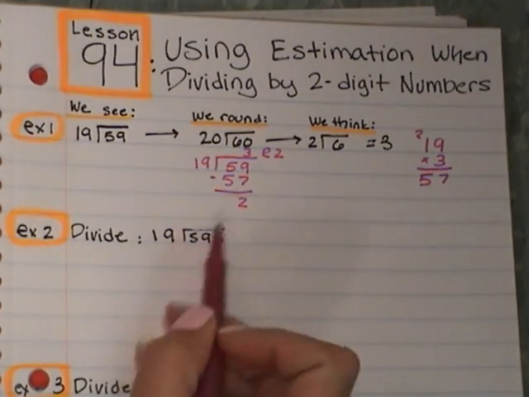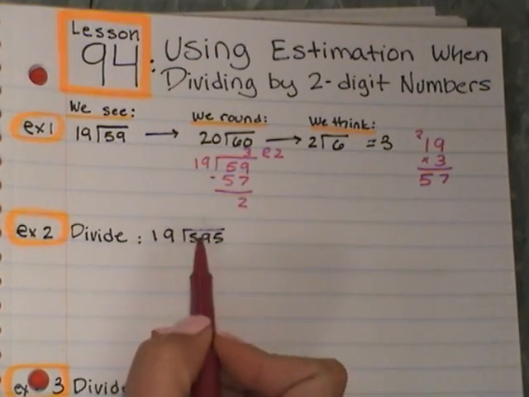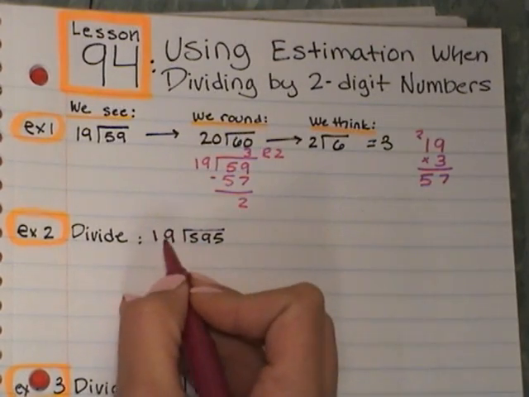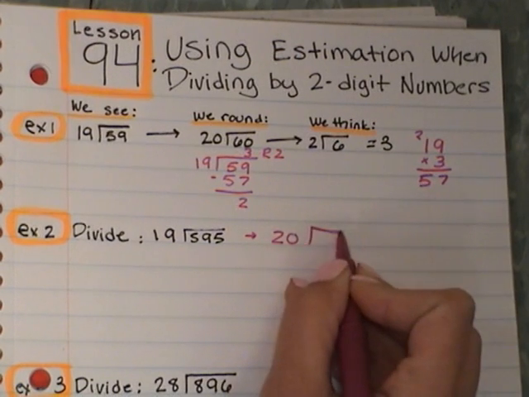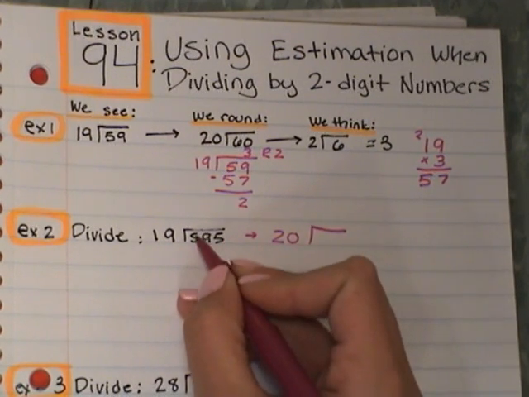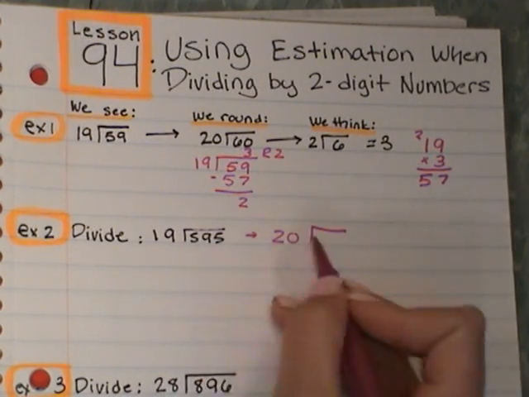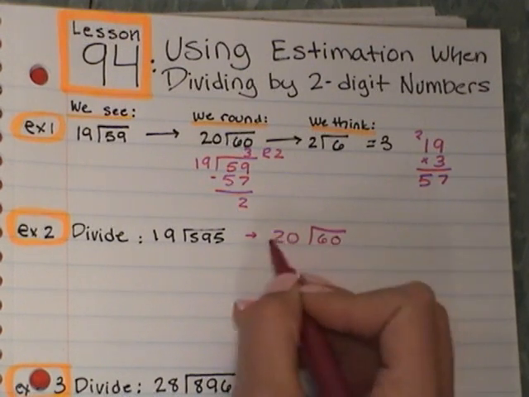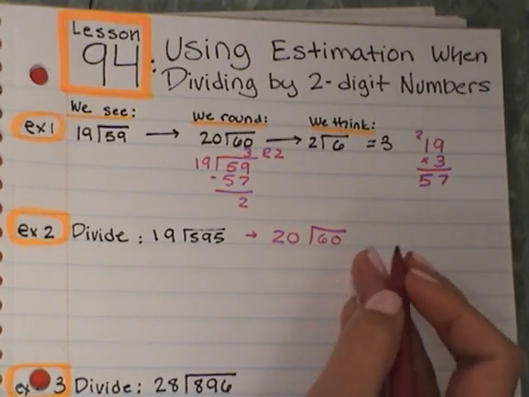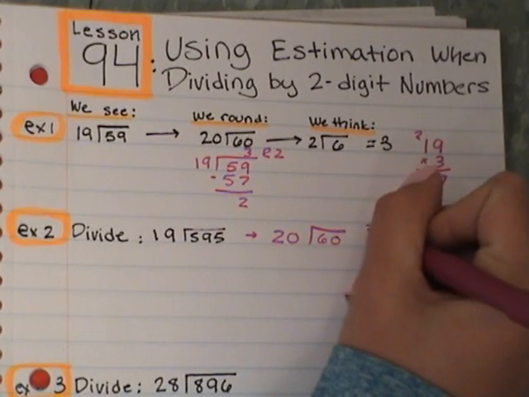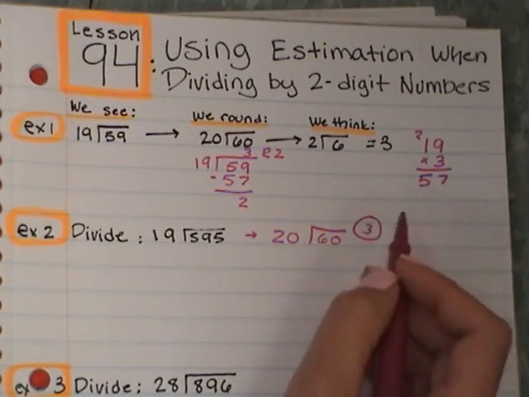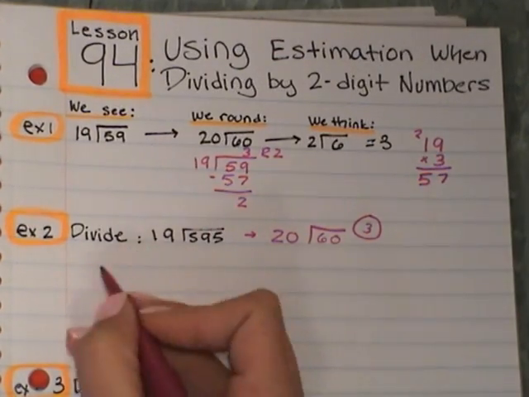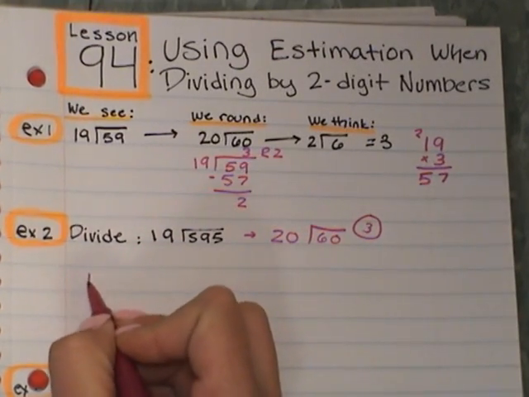We did this in the problem before, and we thought, okay, if this was really 20, and I'm not going to use the 5 right now, how many 20s fit into my 59, I'm going to round that to 60. We did this before, 2, 4, 6, about 3, I'm guessing 3, and if you look up here, we already did the math, otherwise I'd have you do it on the side. So I'm going to come over here, I'm going to rewrite my problem too.